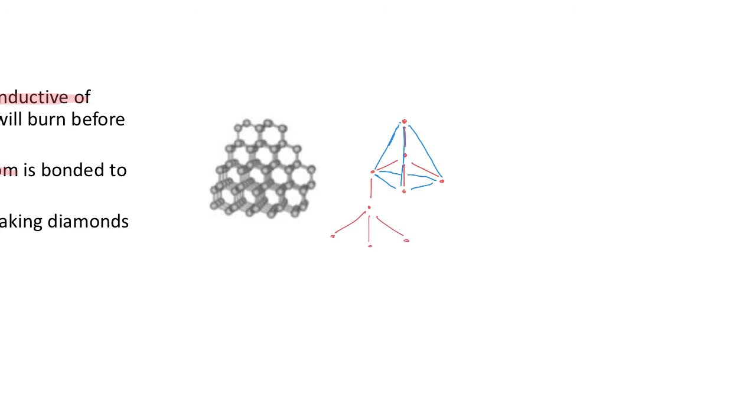It goes on and on and on, and it forms this very regular pattern, right? And because of the regular pattern, all of those covalent bonds are very strong. It makes it very compact, very strong, and very hard.